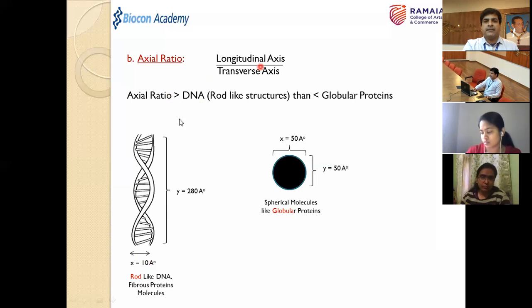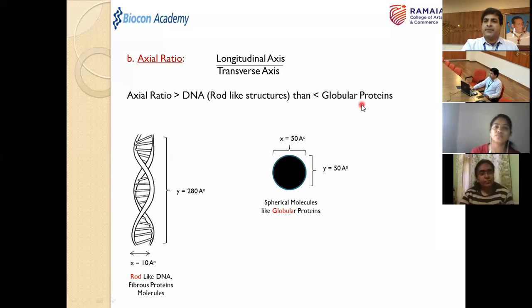If the longitudinal axis is more, automatically it is a rod-like, long structure. Particularly for molecules with higher axial ratios, agarose gel electrophoresis is suitable, not for spherical molecules with a lesser axial ratio. Understood?